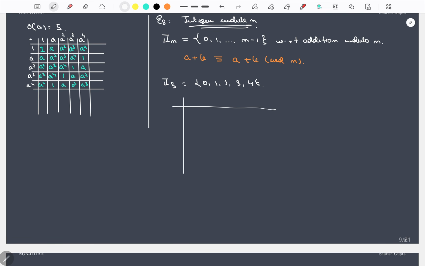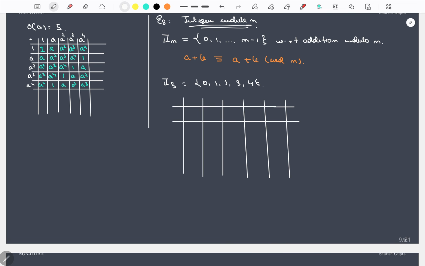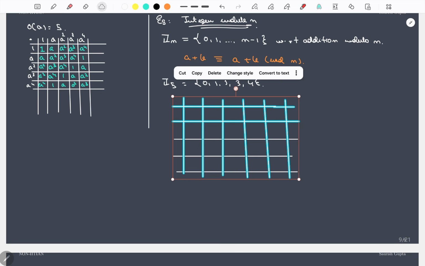Last time I should have made this a bit broader, so this time 2, 3, 4, and here I have 1, 2, 3, 4.